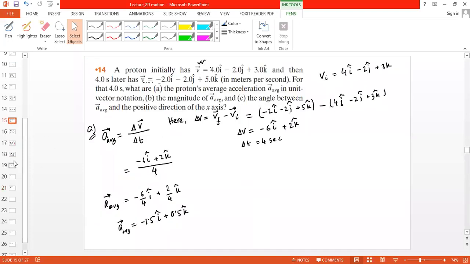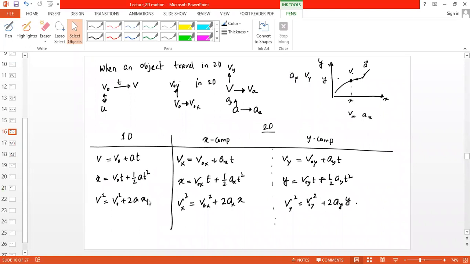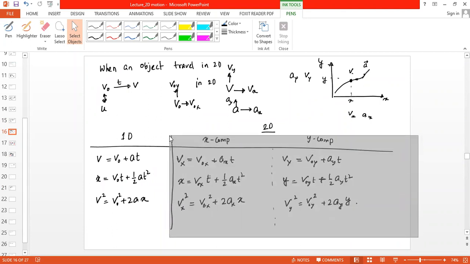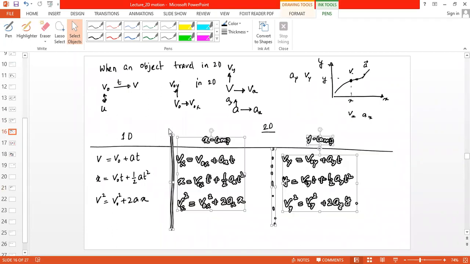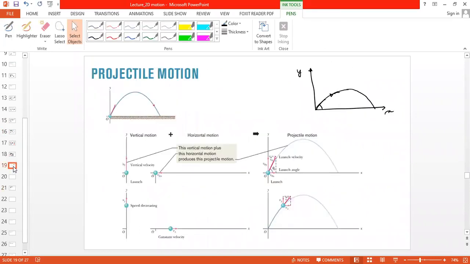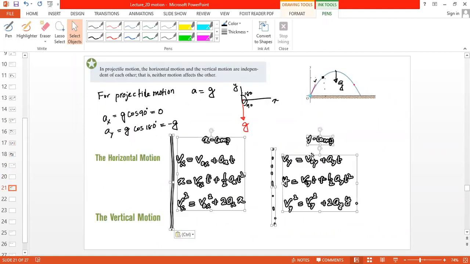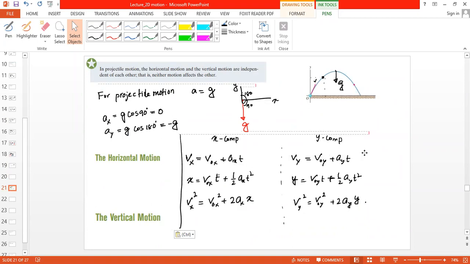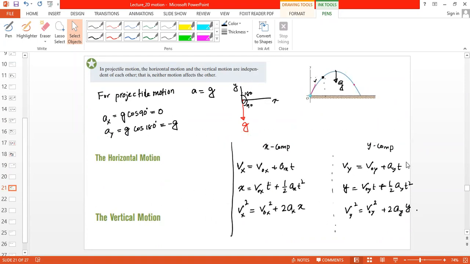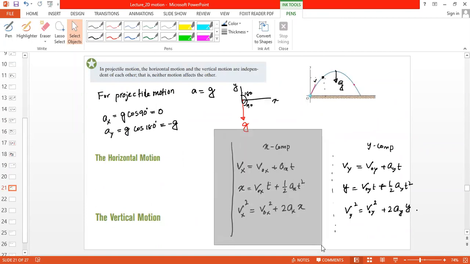হরাইজন্টাল মোশনের ইকুয়েশনগুলো কিন্তু এগুলোই। What you have to do, just you have to replace this ax by 0 and ay by what? আমি একটু কপি করে নিয়ে যেতে চাই। এটা হচ্ছে 2D মোশন ছিল, this was like 2D motion.